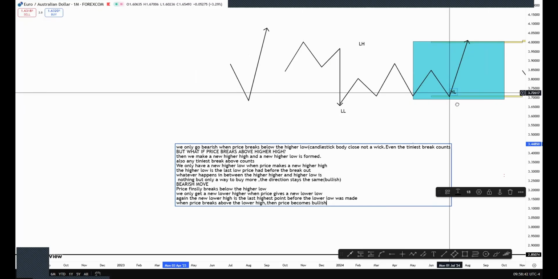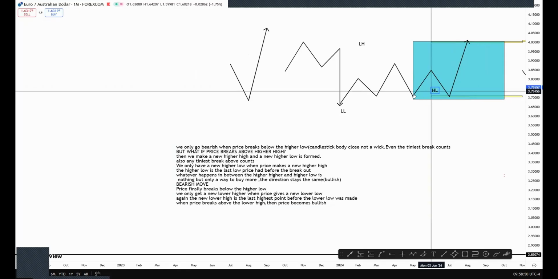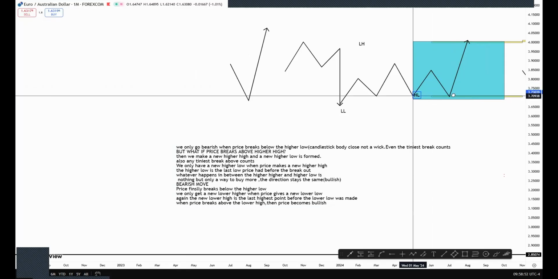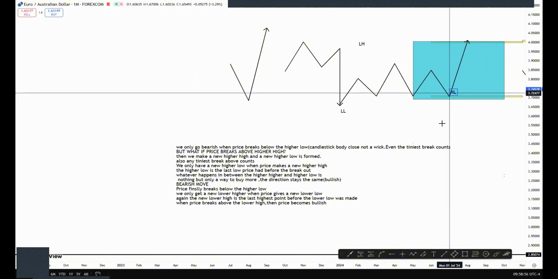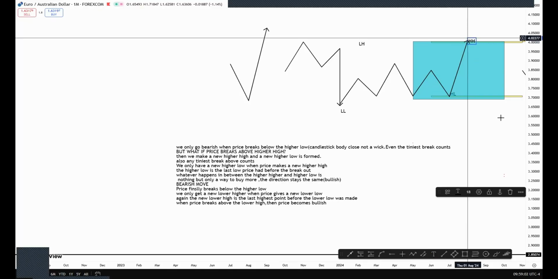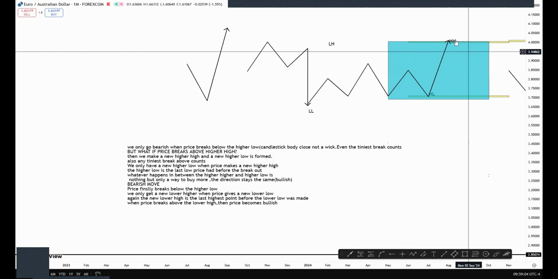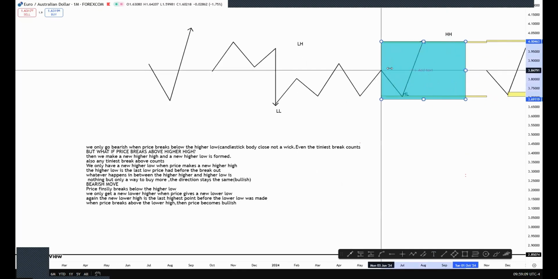And even for the new higher low, it's the last lowest point price made before it had that break. So in this case, this is not the last lowest point. This is the most recent lowest point. So this becomes our new higher low, and that here becomes our new higher high. Okay, so now just like that, we're looking for buys within this level.